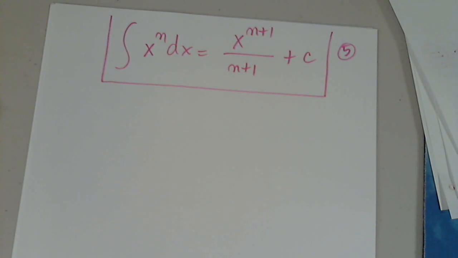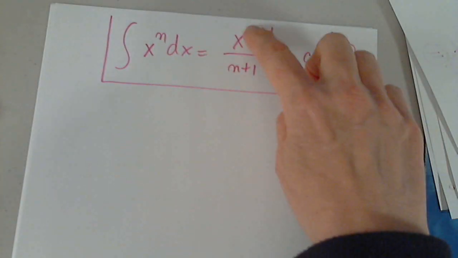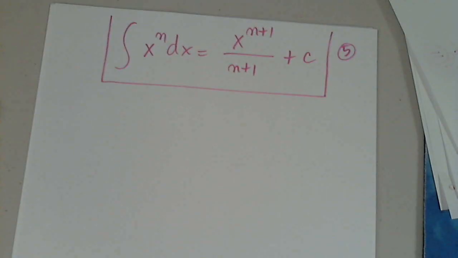Is that okay? Yeah. So if I have 7 here, then this becomes 8, and this becomes 8. Got it, yeah. Good.